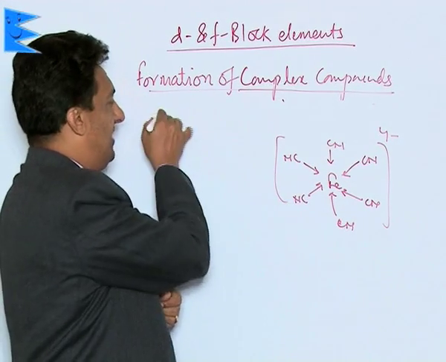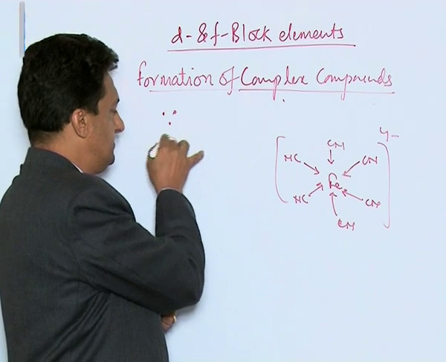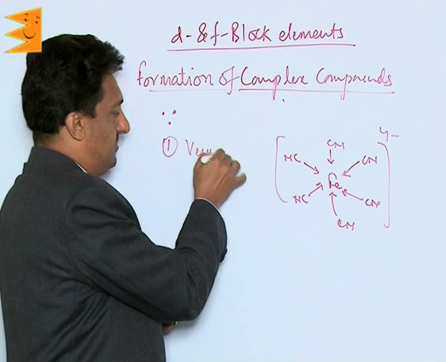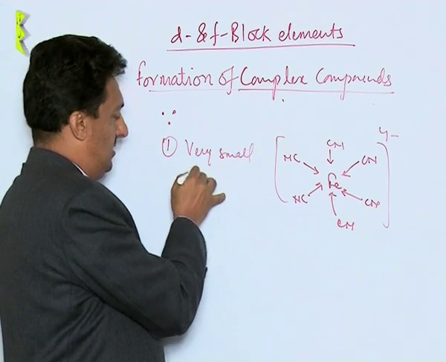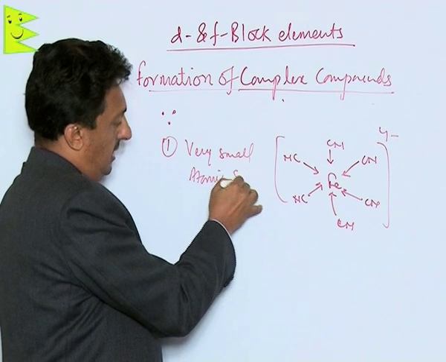So why they have such a high tendency is because of, first, very small atomic size.